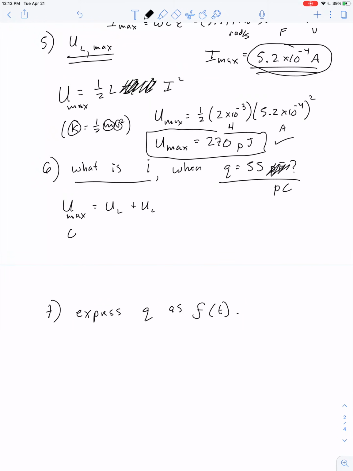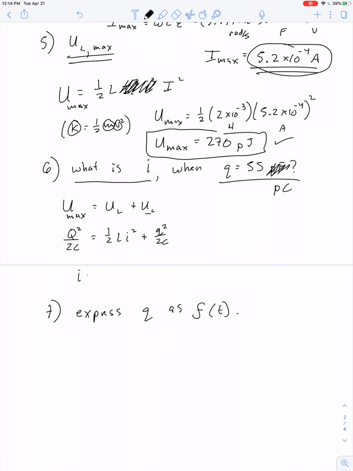Maximum energy is the maximum charge on the capacitor squared divided by 2C. Energy in the inductor is 1/2 L instantaneous current squared, and energy in the capacitor is lowercase q squared over 2C. Well, if we rearrange this equation, we'll get something we've seen in one of our previous lessons.